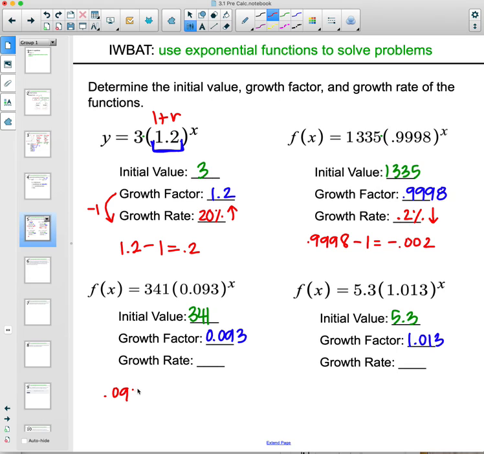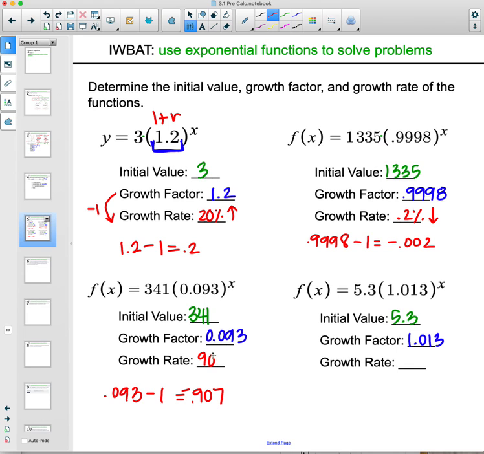So 0.093 minus 1. Okay, so subtract that, and get 0.907, so negative 0.907.